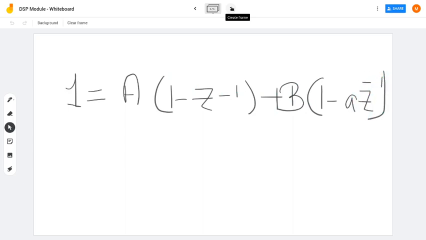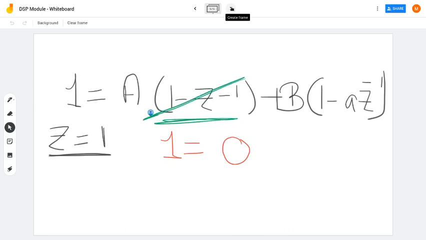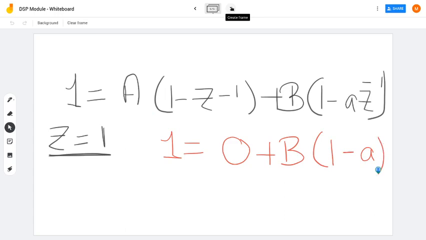If we put z equal to 1, which is the pole in this term, we will get the following. 1 equals, the first term would be 0, plus B times 1 minus a, which means that B would be equal to 1 over 1 minus a.